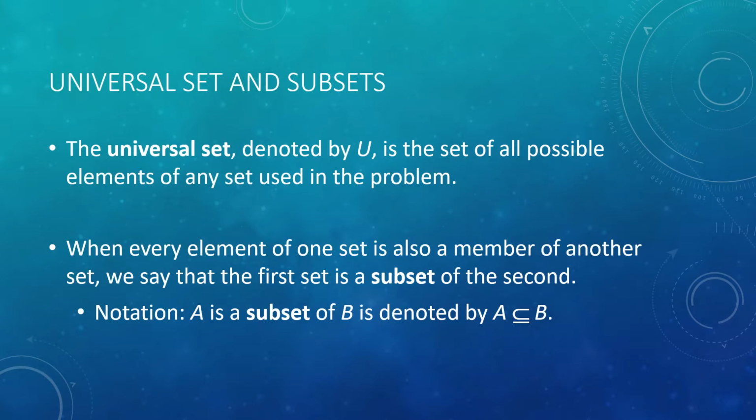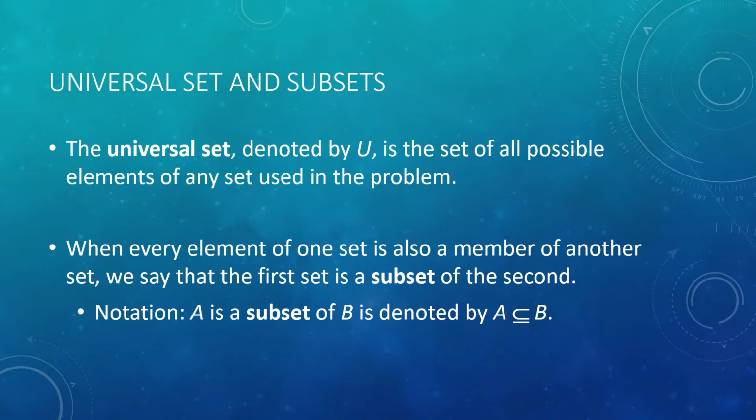Now we're moving on to universal sets and subsets. The universal set is denoted by U, and it's the set of all possible elements of any set that's used in the problem. Now, the universal set is not one standardized set. It's not always the same. It changes for each problem.